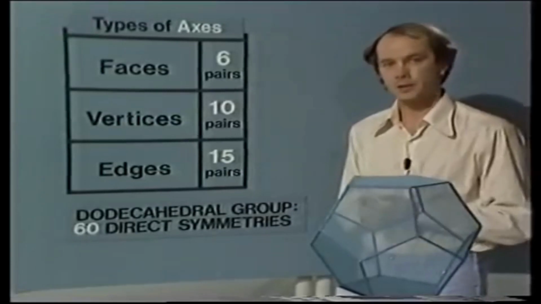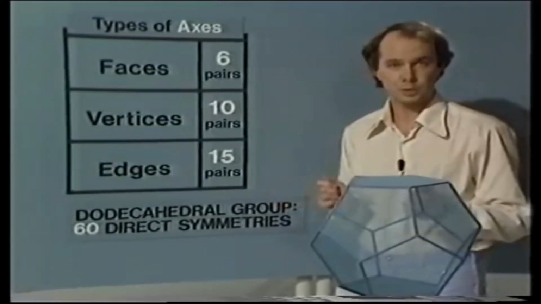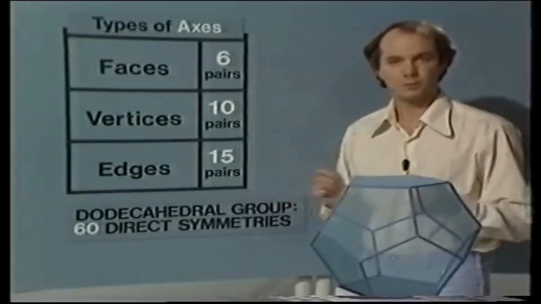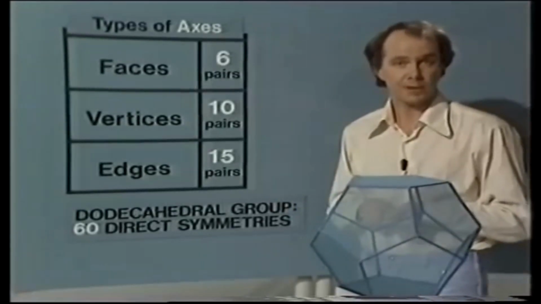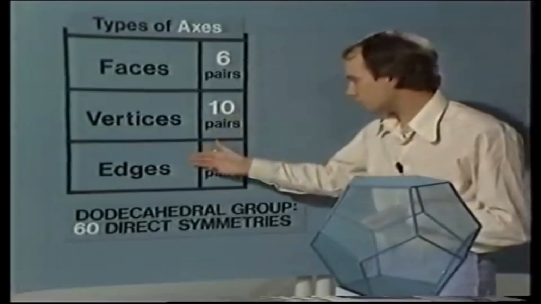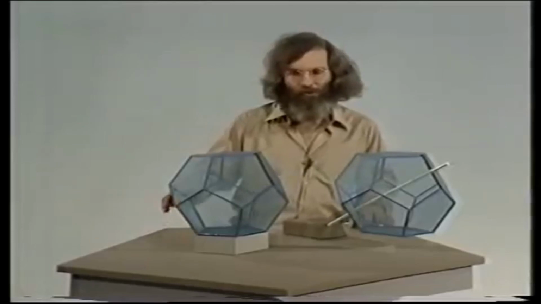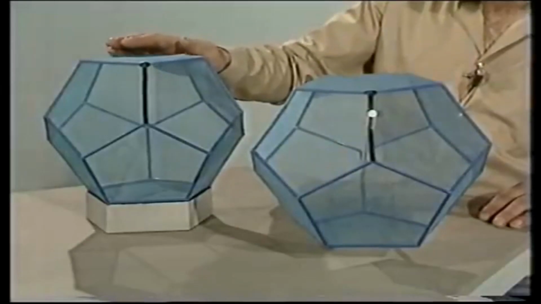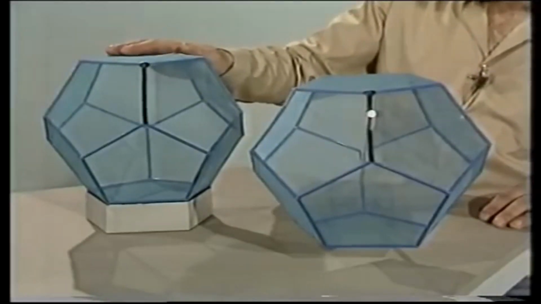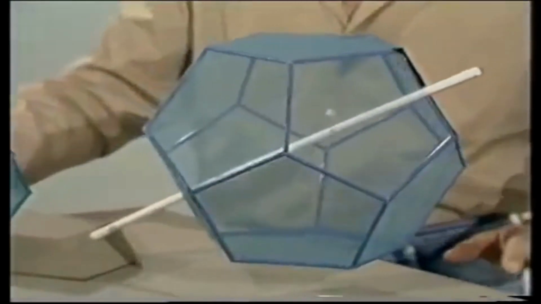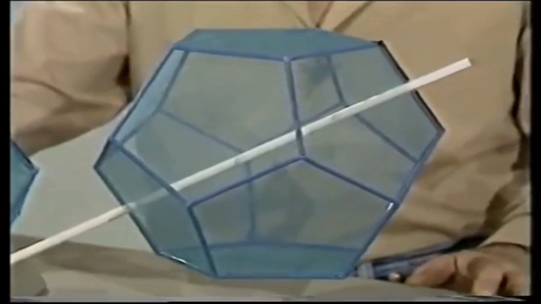That's because for some axes there's more than one angle of rotational symmetry. And that's what we're going to look at carefully now, the possible angles of rotational symmetry about each type of axis. And we'll take edge-type axes first. Well, I'm going to use 2 models for this. This one's for reference to show the original orientation of this one, which is my working model, and has an axis through a pair of opposite edges.